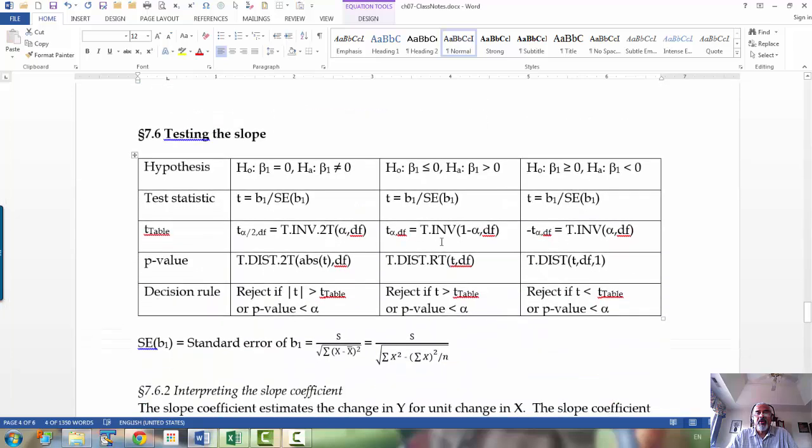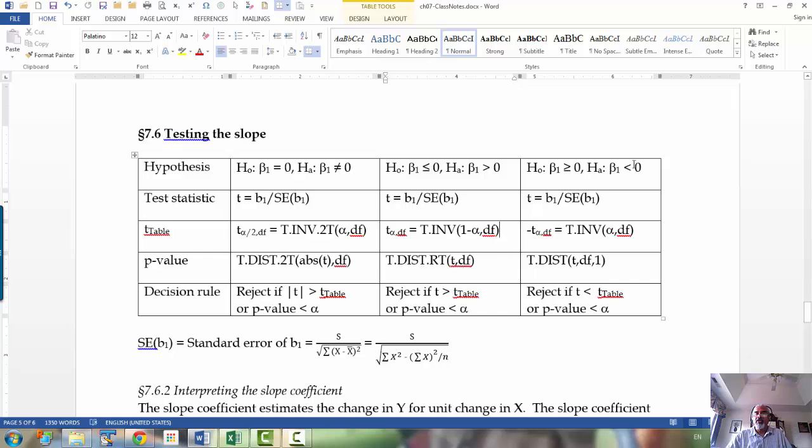So here, if the alternative is greater than 0, then we use T.INV at 1 minus alpha. So here is the t. So 1 minus alpha would be the probability to the left, and that will give you the t value there. And T.DIST.RT will give you the p-value.